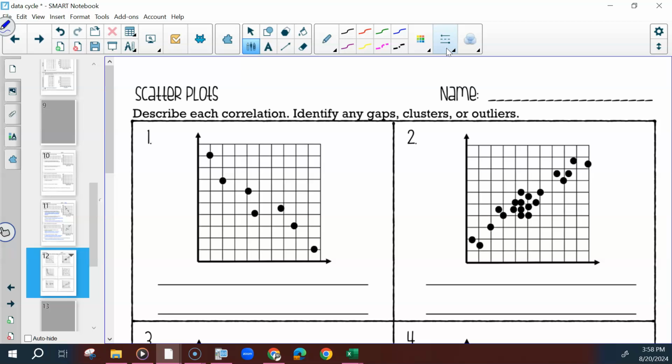So if I'm looking at number 1, we talked about how some of the examples we did were going down, as the x's increased or went up, the y's decreased or went down. So that was a negative relationship. And I see that this would be the same thing. It would have a negative relationship.